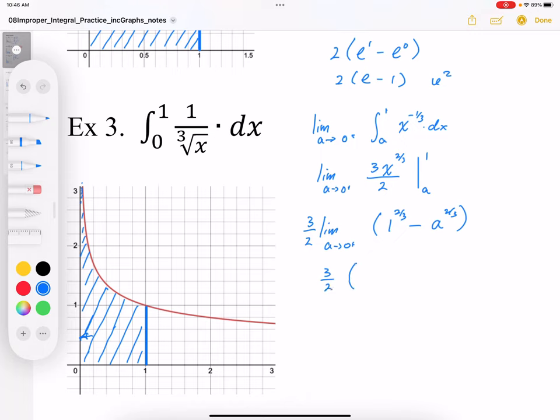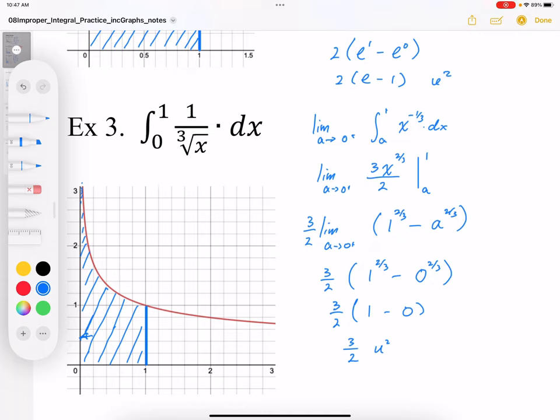I'm going to plug in my a going to 0. Okay, so 1 to any power is 1, 0 to any power is 0, so we end up with 3 over 2, 1 minus 0, which works out to be an area of 3 over 2 units squared.